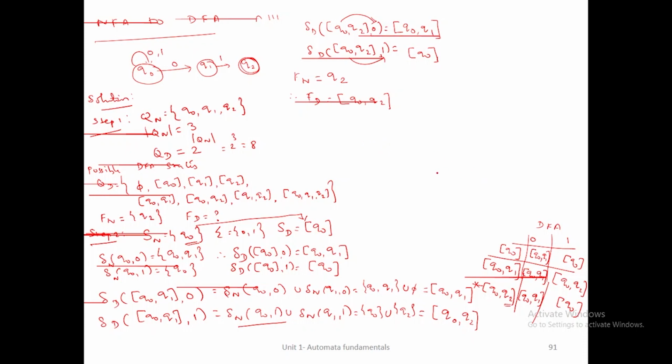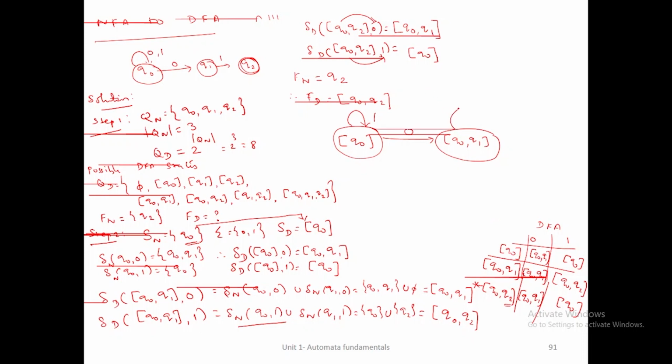You can represent the DFA in a tabular form. So I draw the transition diagram from the given table. For Q0, Q0, 0 means it goes to Q0, Q1. For Q0, 1, the same state is there.